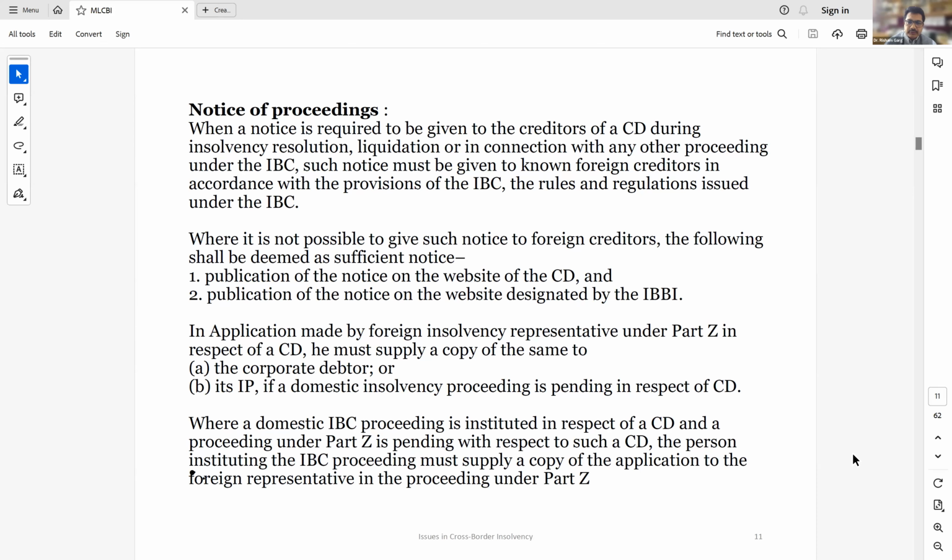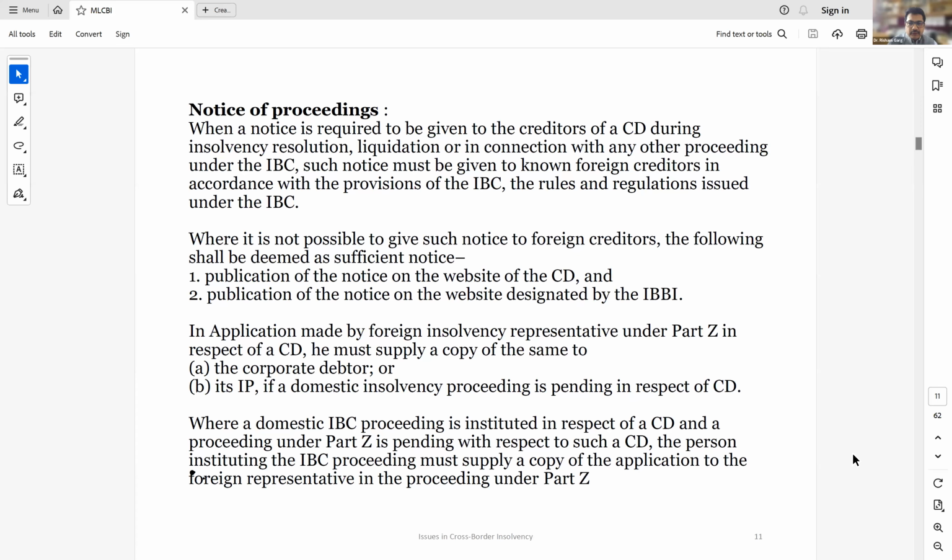Where it is not possible to give such notice to the foreign creditors, the following shall be deemed sufficient notice: publication of the notice on the website of the corporate debtor, and publication of the notice on the website designated by the board. These are the existing forms of notice, and they will also be deemed to be sufficient notice.